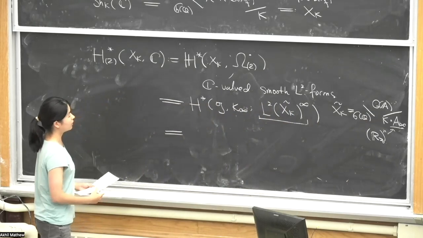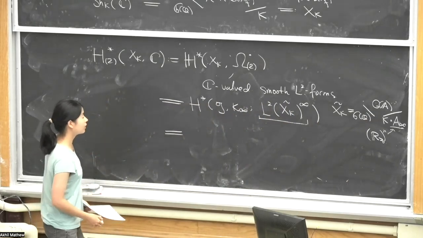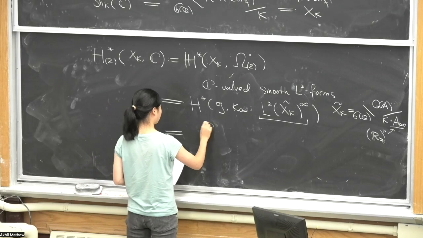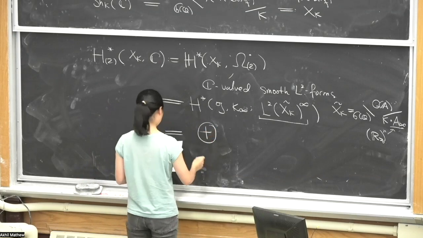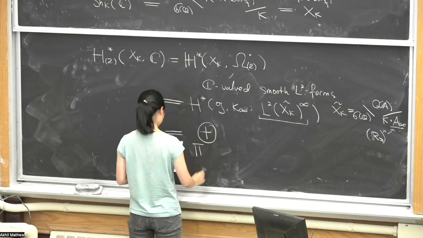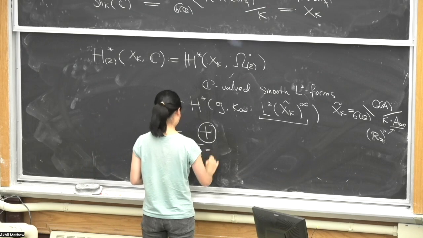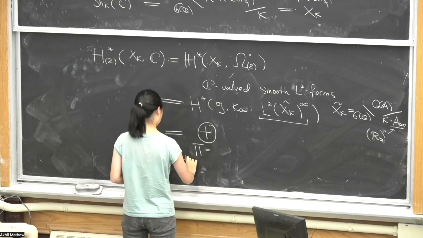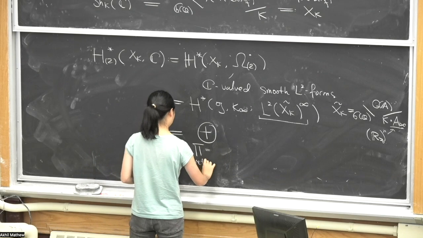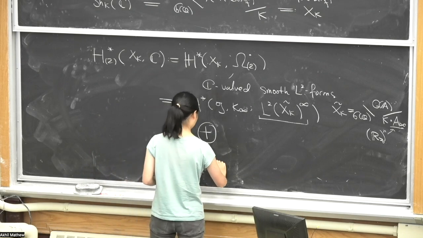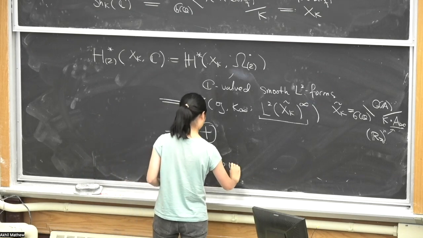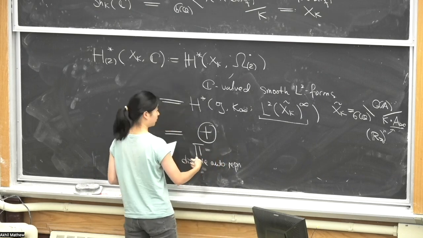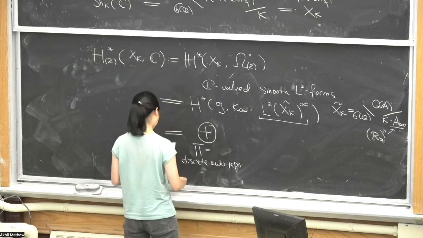But the upshot here is that the space of L2 functions on this coset decomposes. Invoking the spectral decomposition of the L2 functions, in particular the discrete part, that decomposes further into direct summands labeled by discrete automorphic representations, which by definition are those irreducible representations appearing in the discrete spectrum.